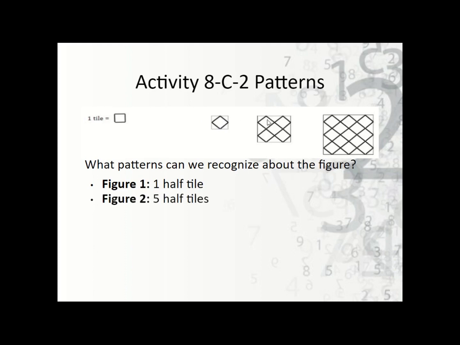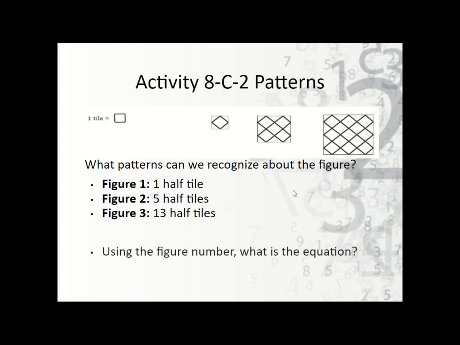In figure 2, there are 1, 2, 3, 4, 5 half tiles. And then in figure 3, there are 13 half tiles. So the question is, can we write an equation to figure out the pattern for this one?